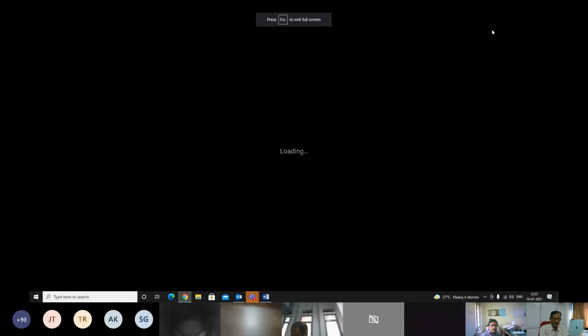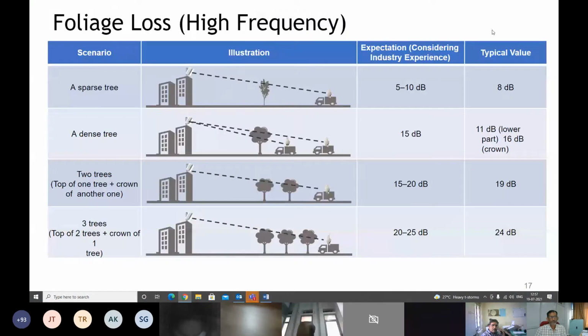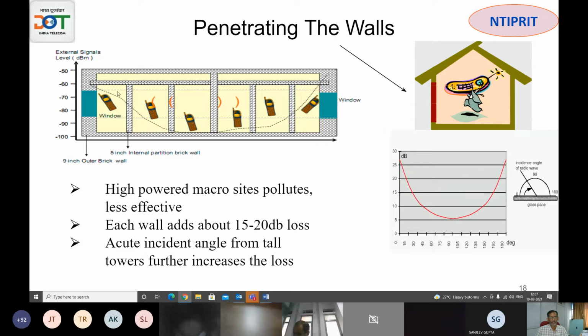Okay, good. So let us continue. Foliage loss, which we are discussing, is mainly applicable for a 5G kind of situation. Tree, 2 trees, 3 trees, everything contributes to the foliage loss. So this is another aspect which will become predominant, and so is penetrating the walls, as I told you, multiple walls.